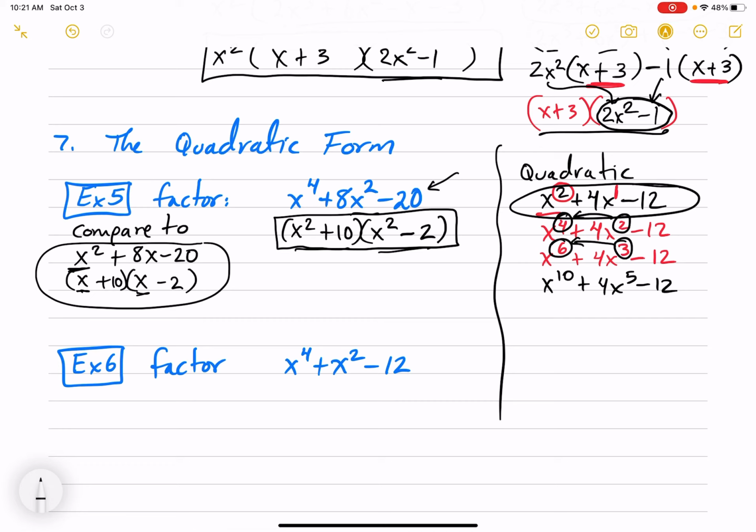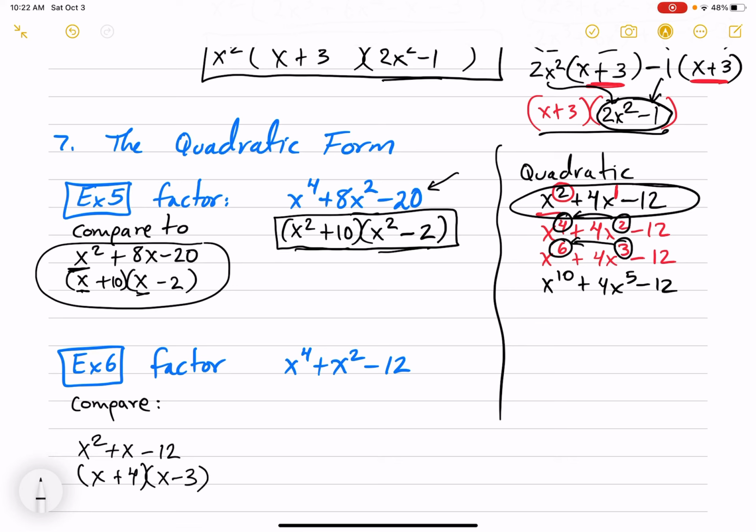Same thing on example number 6. What would that compare to? We would compare it to x squared plus x minus 12. And the way to factor x squared plus x minus 12 would be x plus 4 and x minus 3.